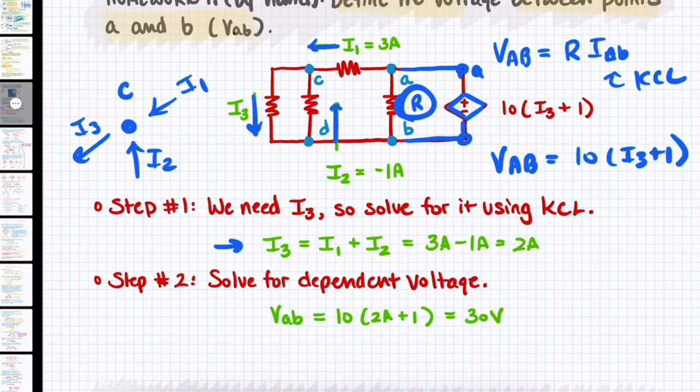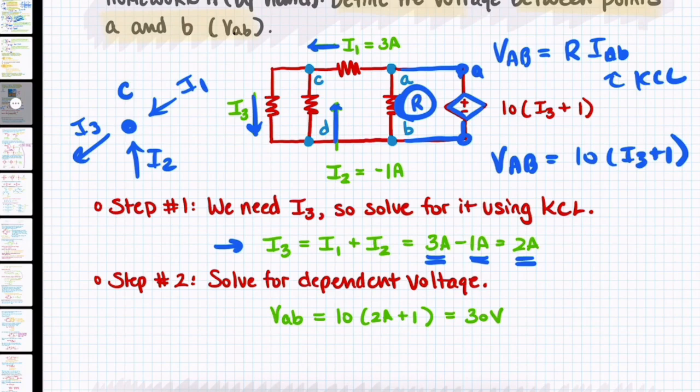All right, we're told that I1 is 3 amps. We're told that I2 is negative 1 amp. And so that leaves us with 2 amps. Don't get thrown off by this negative right here, okay? If you remember something I said in one of the previous lectures, the direction of a current and its sign for textbook purposes are independent from one another. We can say a current is flowing from D to C with an amplitude of negative 1 amp.